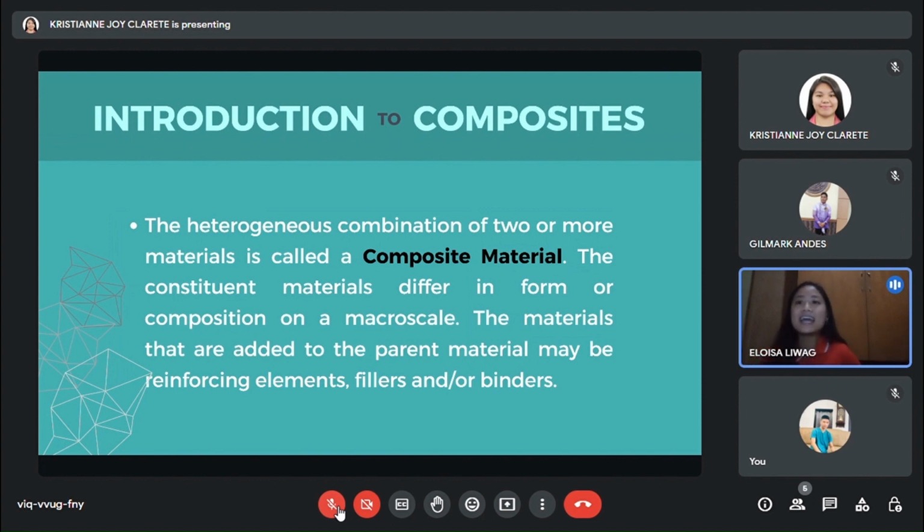So this slide says that composite materials are formed by combining two or more materials that have quite different properties, or nabubuo ito sa pamamagitan ng pagsasama-sama ng dalawa or higit pang mga materials na may magkakaibang katangian or uri or composition na magre-resulta ng bago at kakaibang object.